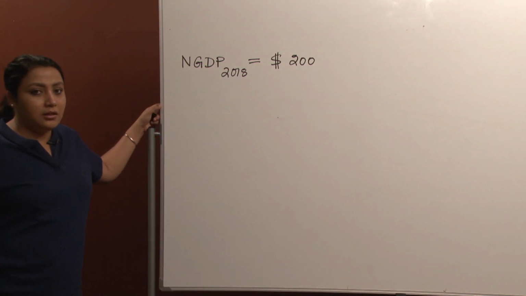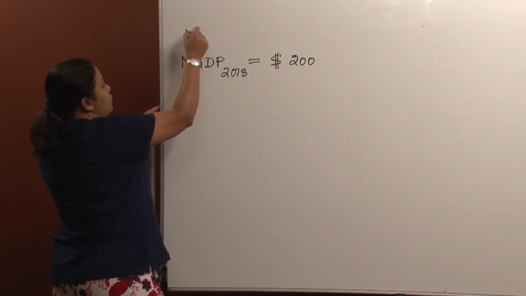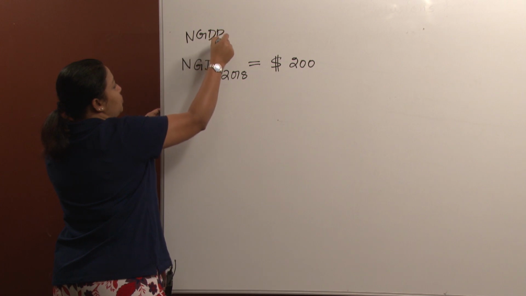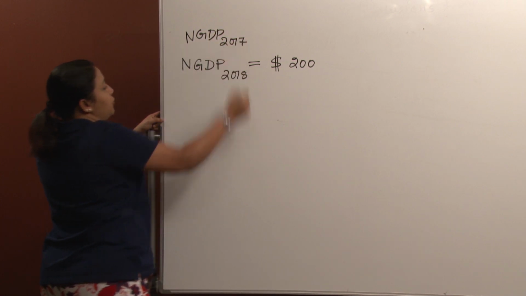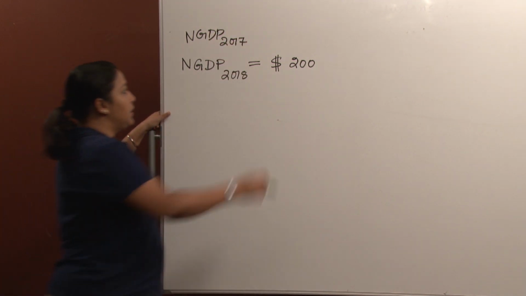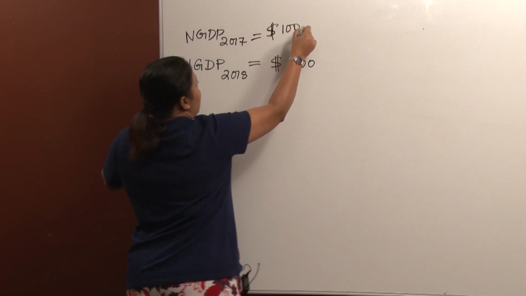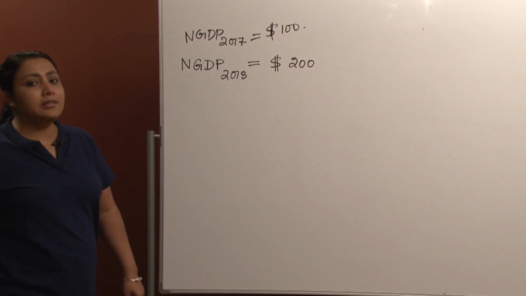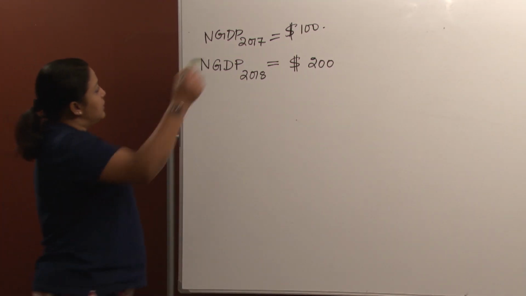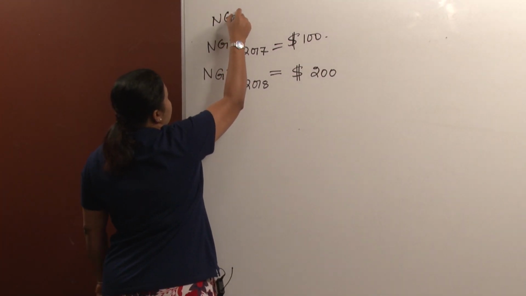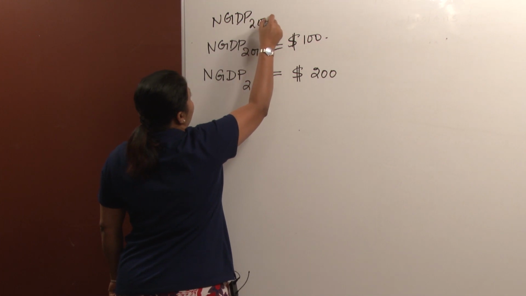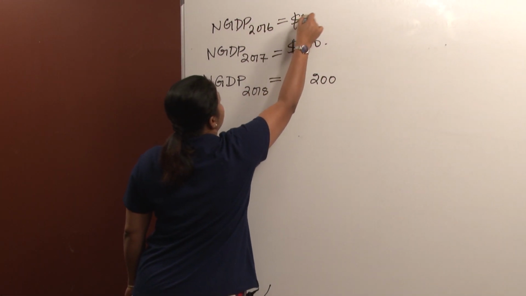Similarly, there is a nominal GDP number for every year. So you possibly have a nominal GDP number for 2017, and let's say that number was $100, right? And again in 2016, maybe this number was $50.